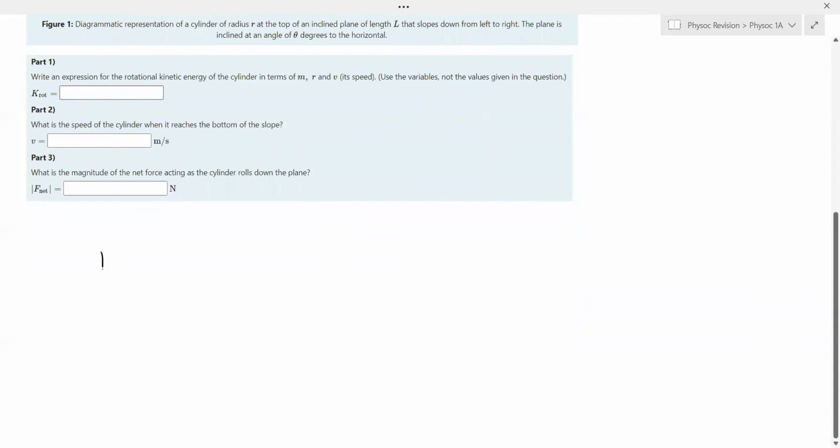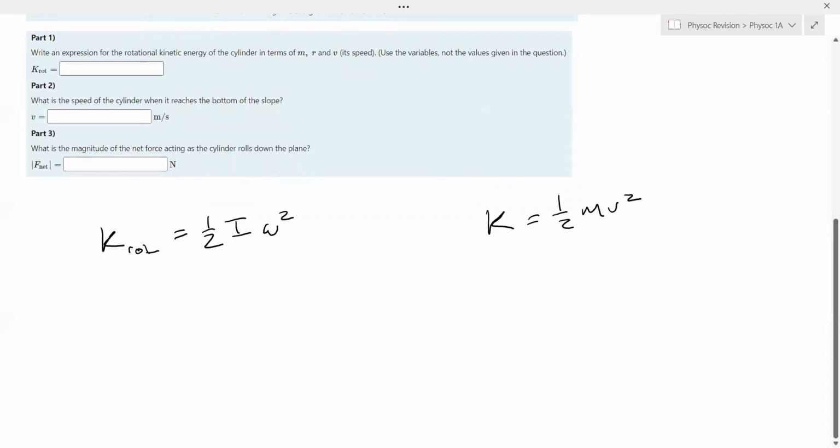So our kinetic energy due to rotation is typically in the form of half I omega squared. So this is the rotation version of the kinetic energy. The original one is, of course, half mv squared. So we can see some similarities between the two.